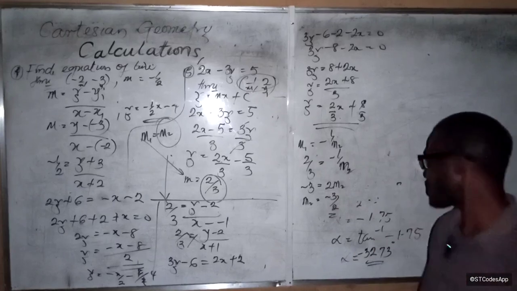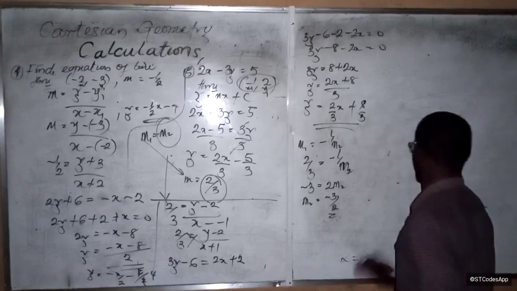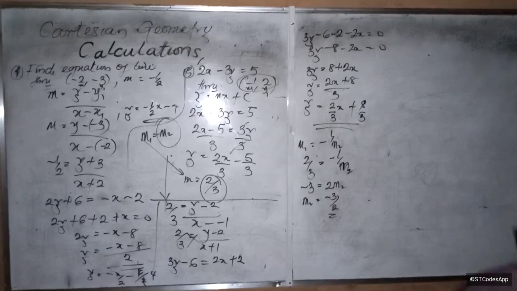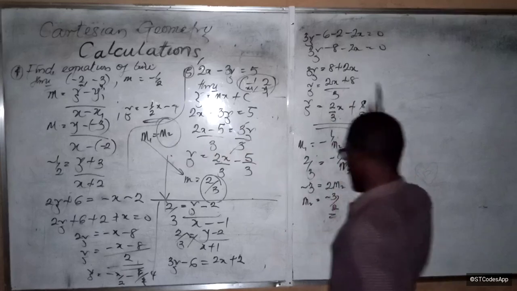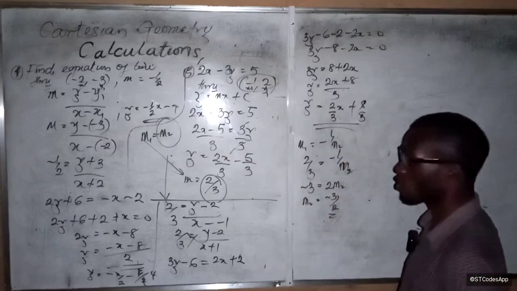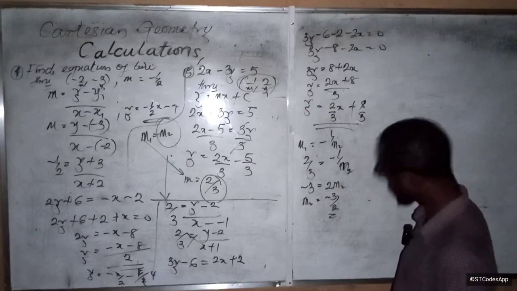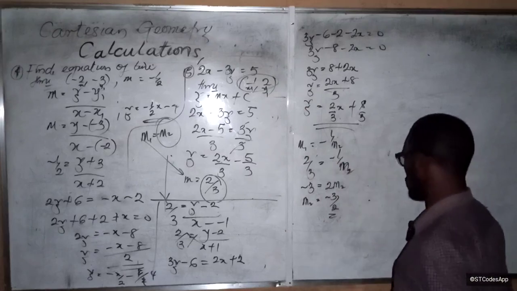Then we can now work with our second gradient to find the equation. So this is the case where they are parallel, m1 will be equal to m2. The case where they are perpendicular, m1 will be equal to negative 1 over m2.